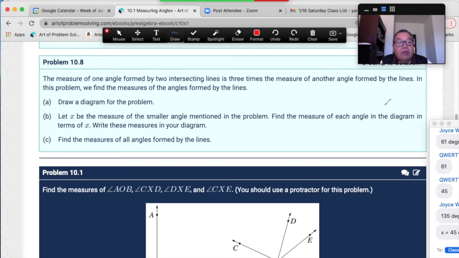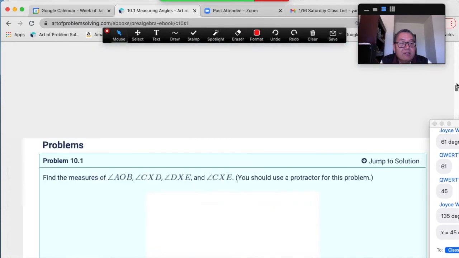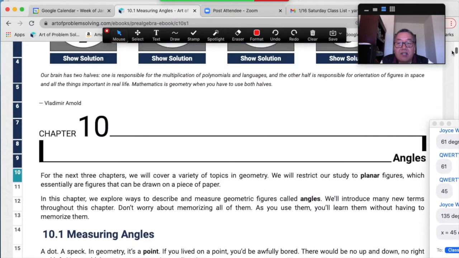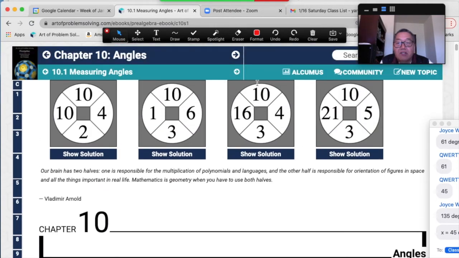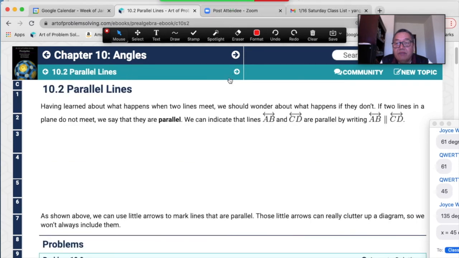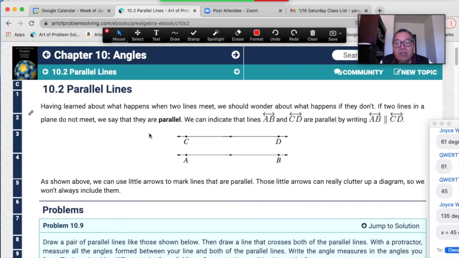Okay, so we finished this first section. Now let's go to the second section. In this section we'll learn about parallel lines. Parallel lines are very important. They play a very important role in geometry.